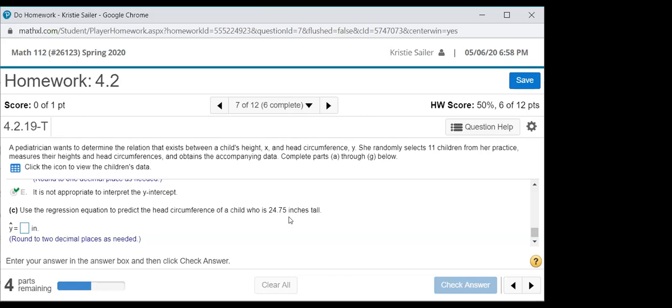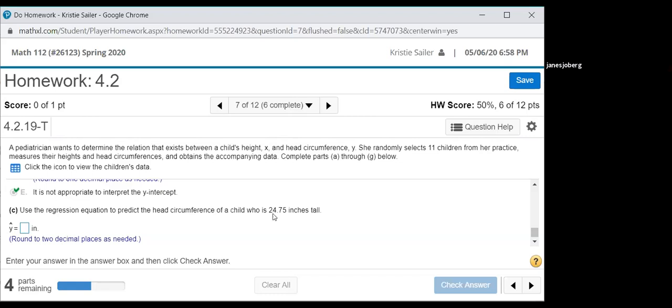How do you do this one? This is where we change the x thing, right? Okay, so you have your regression equation from part A. The hat thing means that you put whatever x they give you into your regression equation and tell them what the y is.